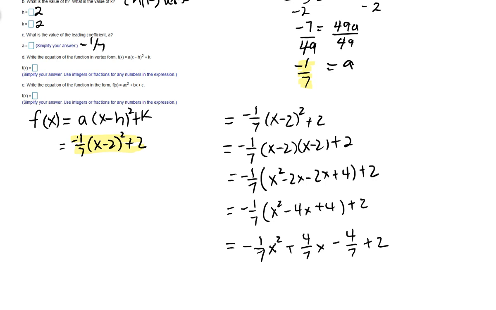And finally, I want to combine those two last terms together. Let me fix that. So that was 4/7. I want to combine these two constants together, and I need to get a common denominator.